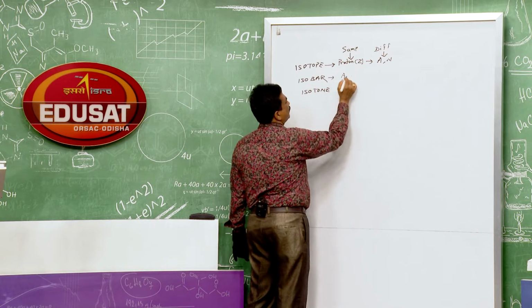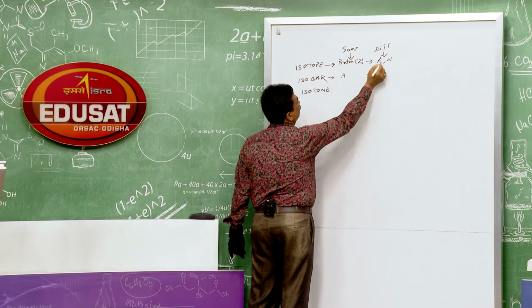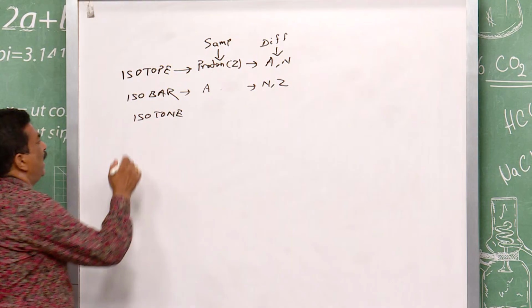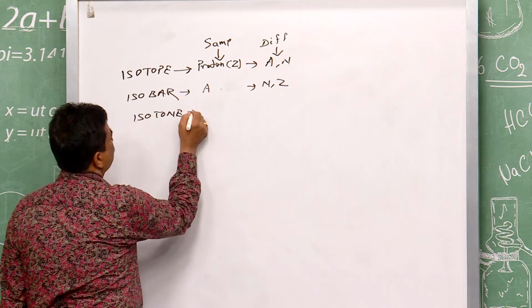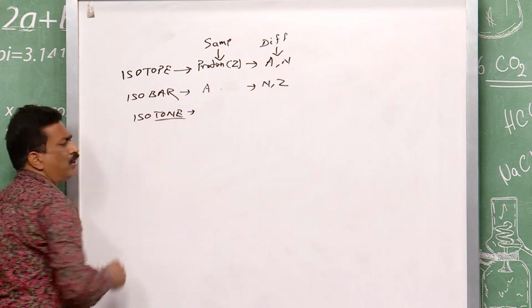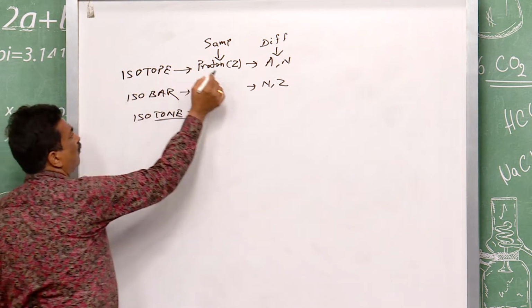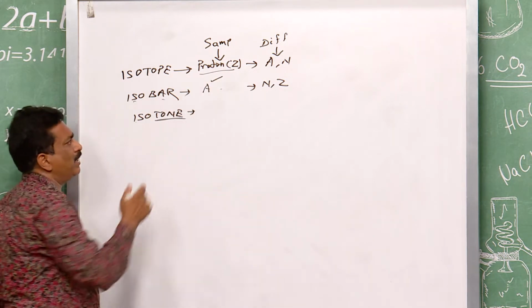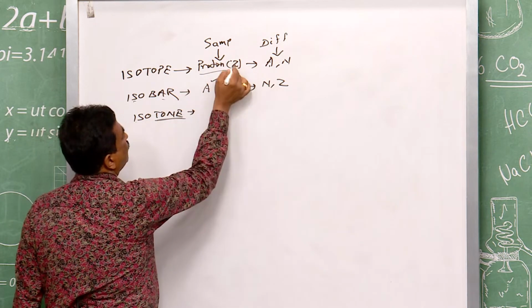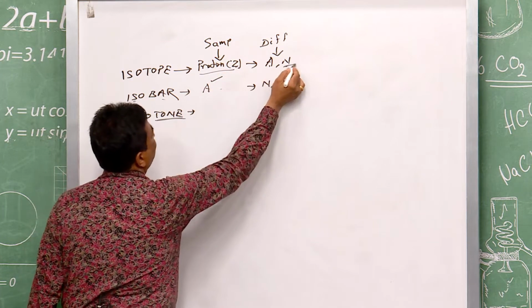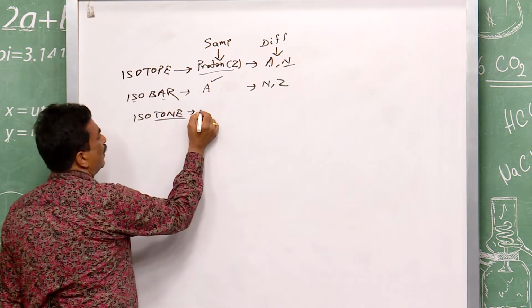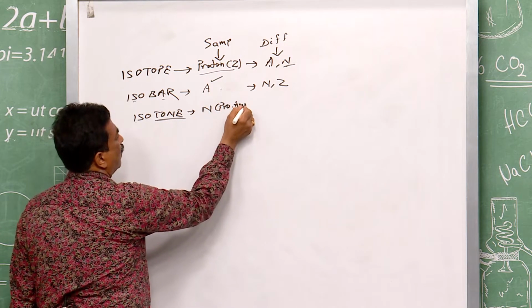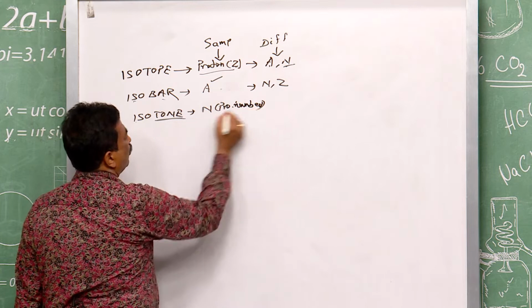So for isobars, A is the same, and the remaining N and Z are different. And for isotones, what will happen? Tone refers to neutron, as the mass number is for A. So A and Z being set aside, what remains is N, the neutron number, which stays the same.